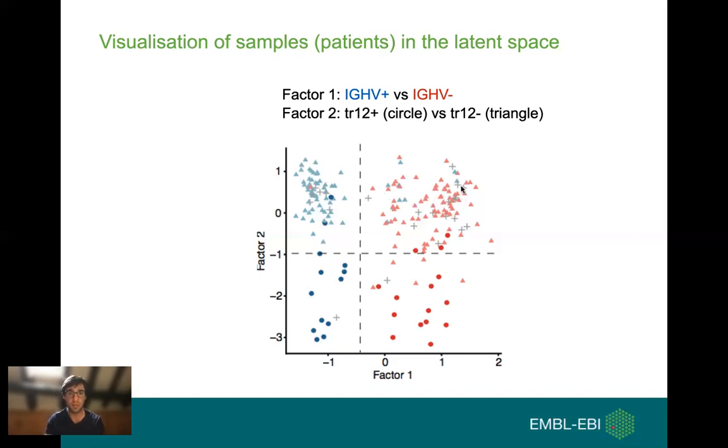So for example, for this patient here, I'm not showing any statistics or probabilities, but it's quite intuitive that this patient is actually behaving like IgHV negative and trisomy 12 negative. So now we can go to the clinicians and say, it's very likely that this patient has this molecular profile, so you should be able to treat them with drug X, Y, and Z, right? So this really shows, in my opinion, the advantage and the importance of doing multi-omics for studying complex diseases like cancer.